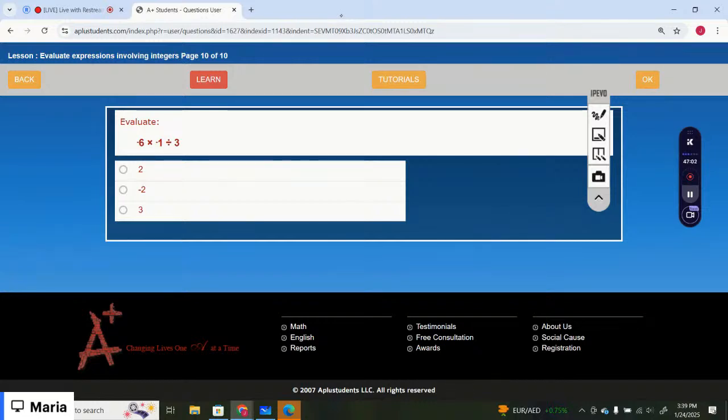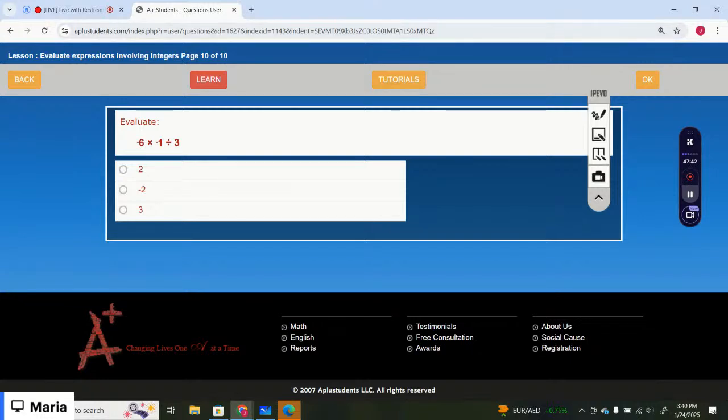Negative 6 times negative 1 divided by 3, which is the correct option? You have to multiply first and then divide.